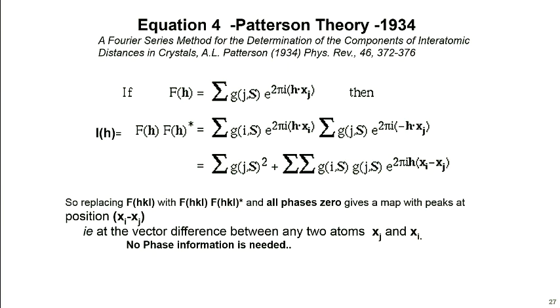And you'll find peaks in that Patterson map which represent the vector difference between all pairs of atoms. And the height of that will be a function of the scattering power of each atom. So if you have a heavy atom, it will show up very much more strongly than the vector between two carbon atoms. So that's an equation that we use, of course, all the time.